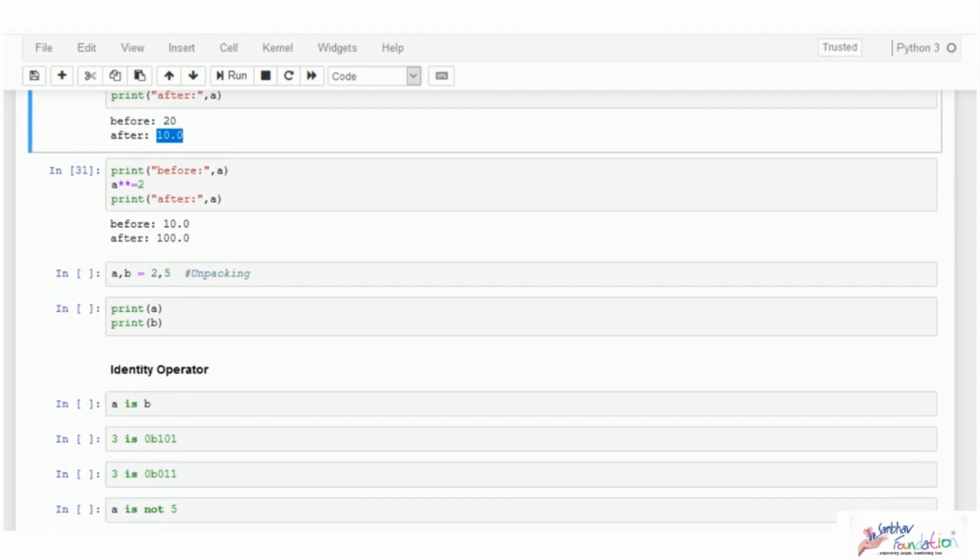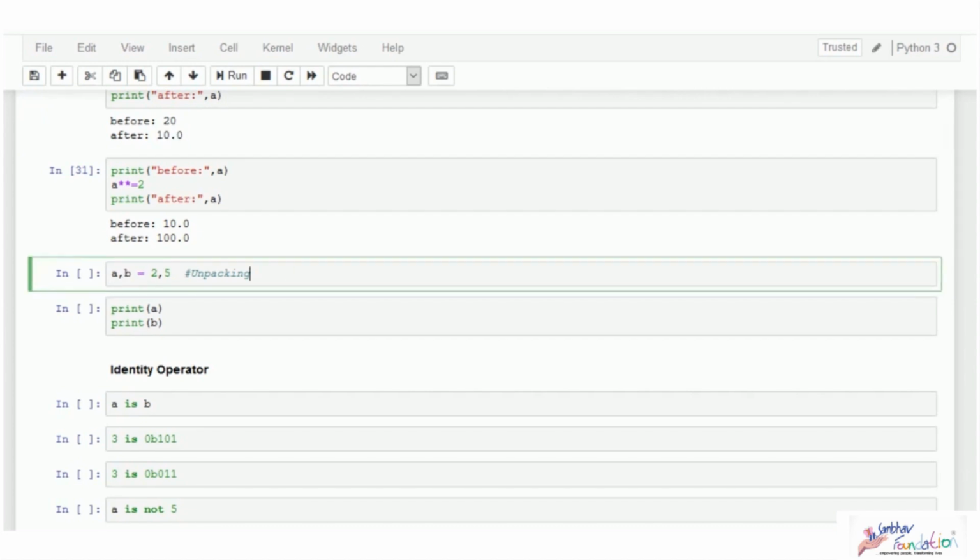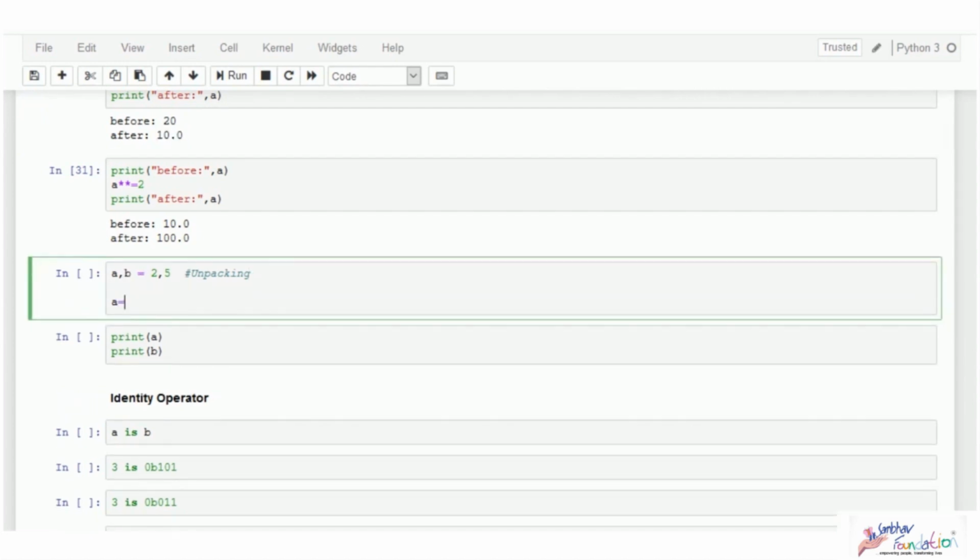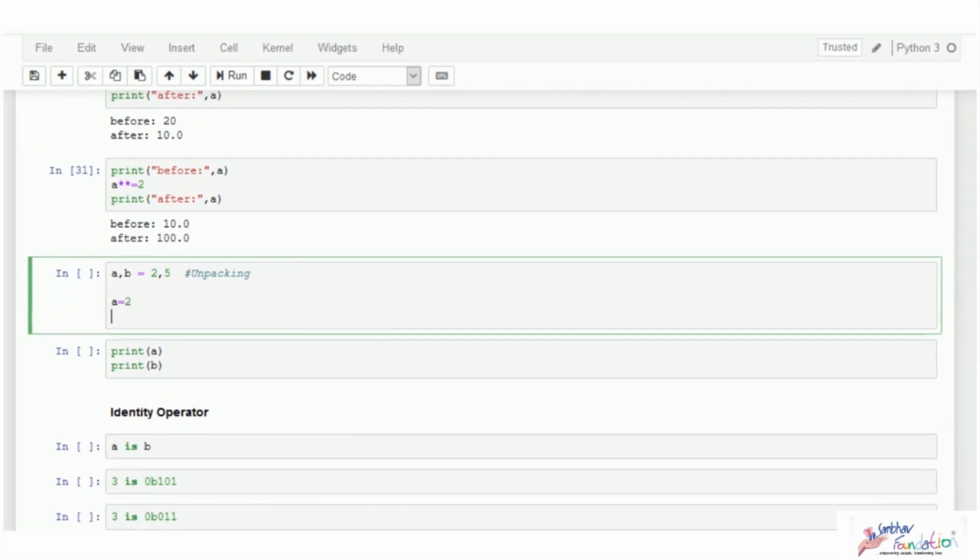And Python also provides an easy way to declare multiple variables in a single line. It can be given like this: a comma b equal to 2 comma 5. What happens here is that variables get the value of the corresponding positions before and after the equal to. So 2 gets assigned to a and 5 gets assigned to b. This is the same as writing a equal to 2 and b equal to 5.